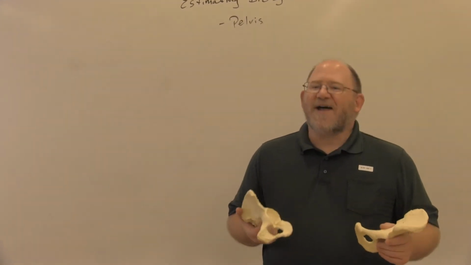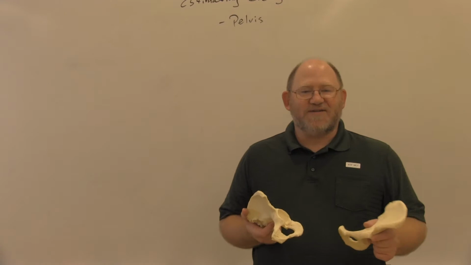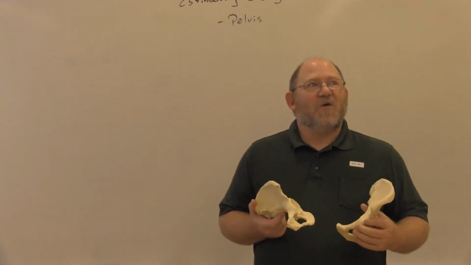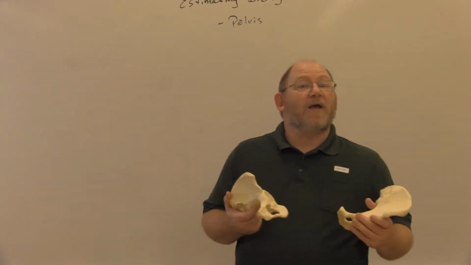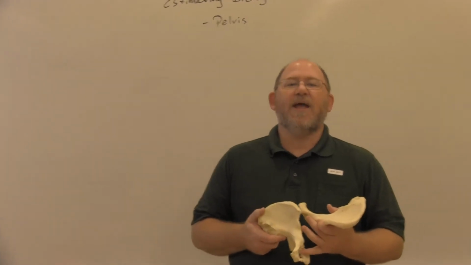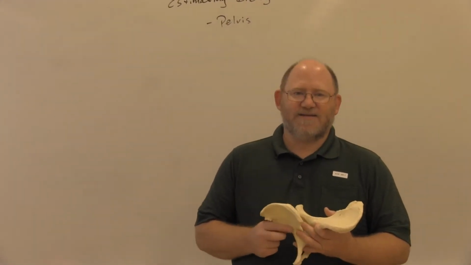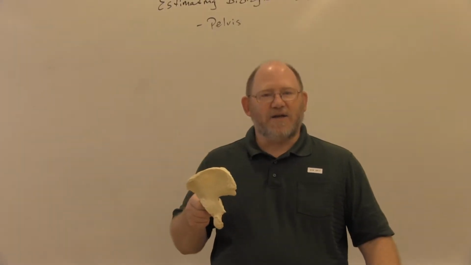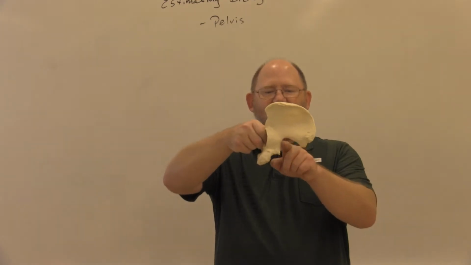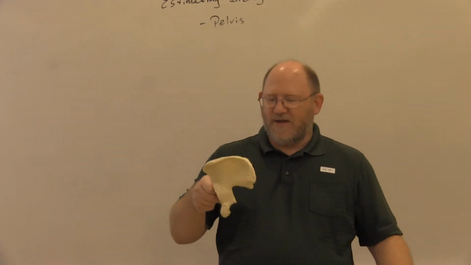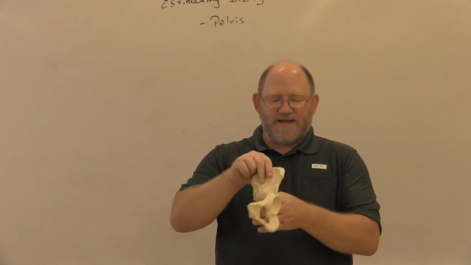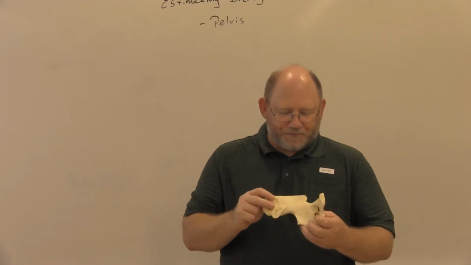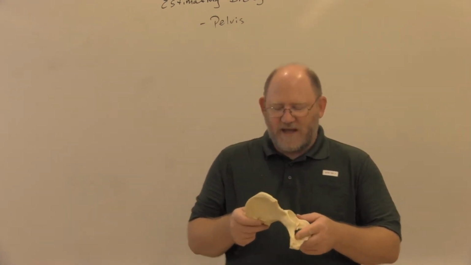So first, I'm going to talk about a characteristic that is easily recognizable for everybody, but is not necessarily very accurate. And that is called the sciatic notch. So this is the sciatic notch. It's toward the side of the pelvis.